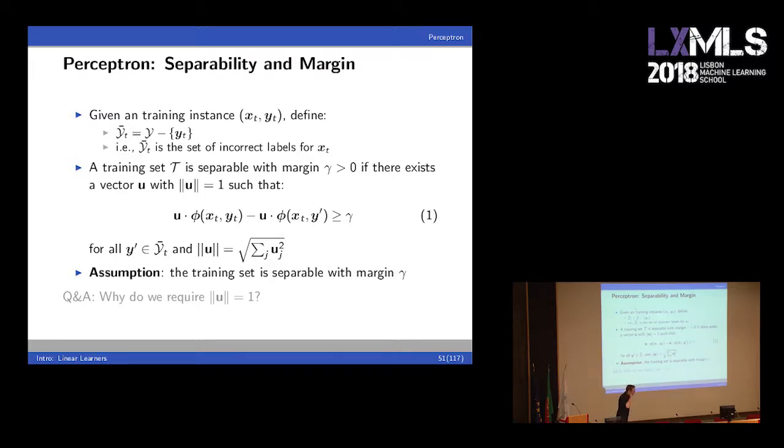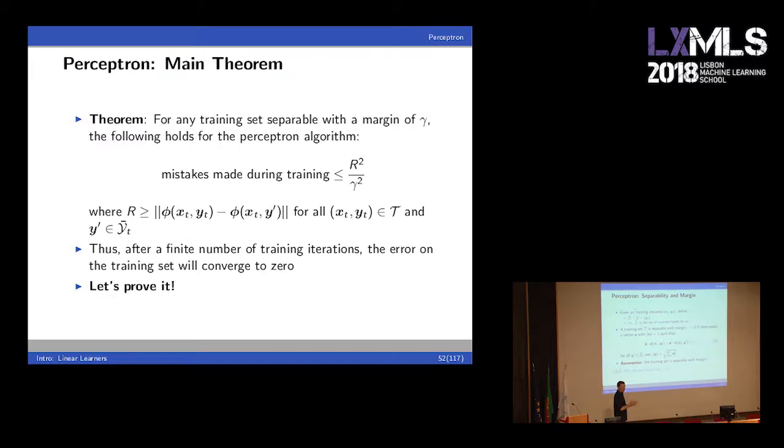Right, because if I multiply u by a constant greater than 0, like alpha, then the margin is increased trivially. We want to avoid that. So we have to make a certain condition that lets us not find this trivial solution, right?